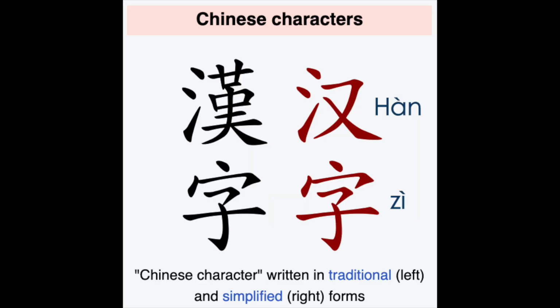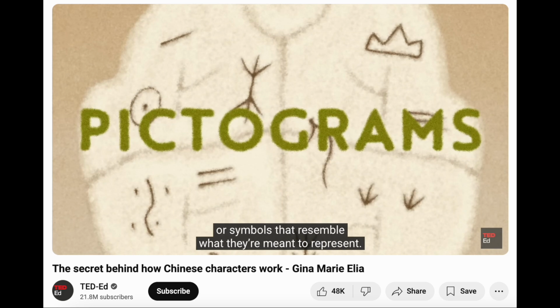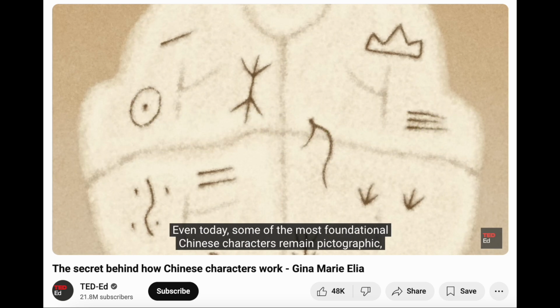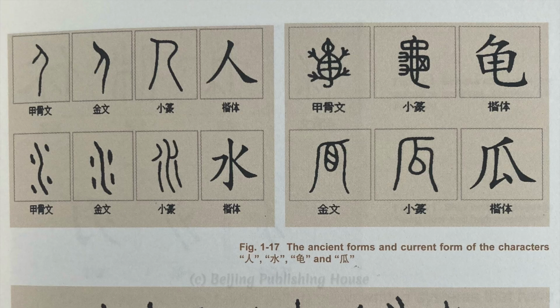For the rest of the class, note that I'll use the word Hanzi to mean Chinese characters throughout this video. You may have heard somewhere that Hanzi are basically drawings or pictographs of the thing or concept that the character represents. Historically, there's some truth to this, and there's a great TED-Ed video about the topic, which I've linked in the description.